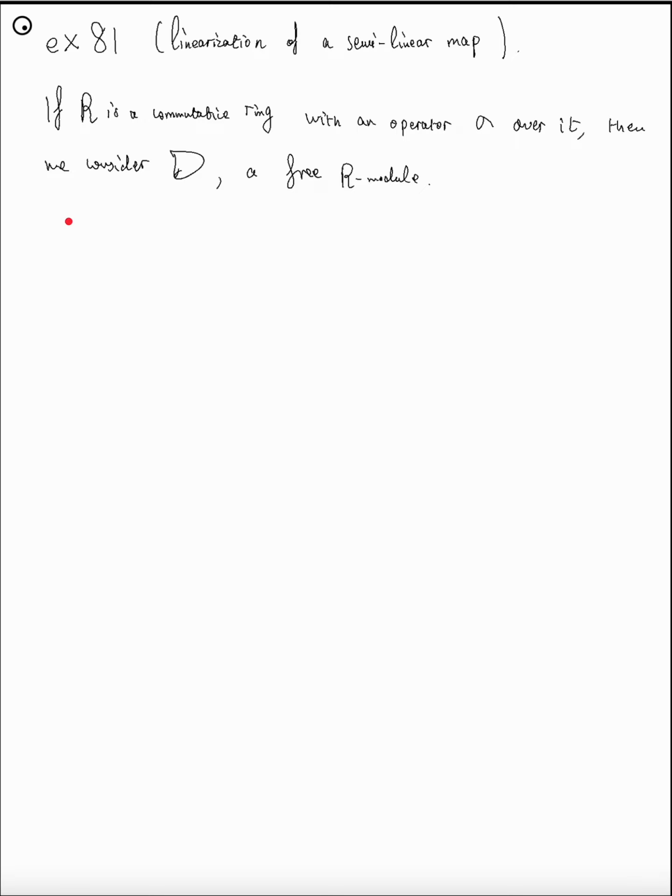And now, if we define a functor, operator defined over D, more precisely, a semi-linear functor. What does this mean?